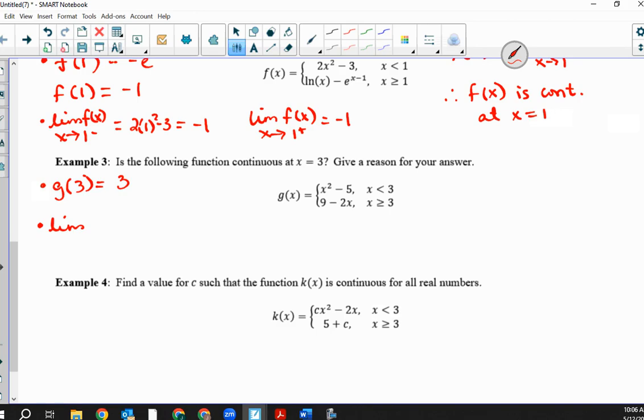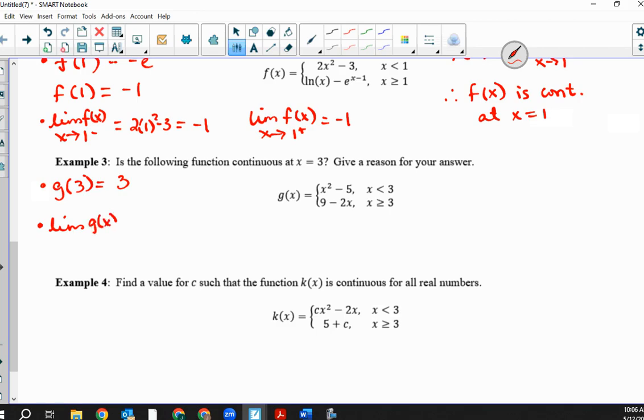Yeah, like if you tried to plug it in and it was where an asymptote was or something, you'd be like, this doesn't exist. So how do you know if something is undefined? You just get a number? That's great.